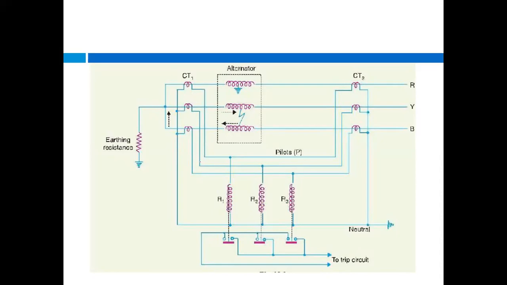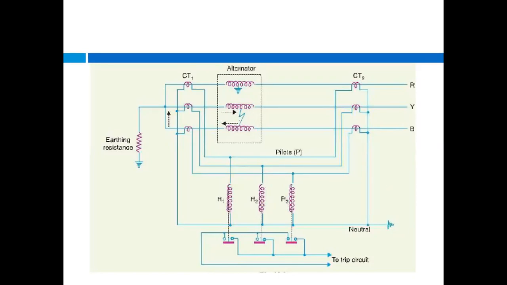These two sides are connected R to R, Y to Y, and B to B. To each phase there is a relay. These relays are connected with each phase, and this side is grounded here. The CTs are grounded here also. You can see all the neutral points are connected here, and it is grounded for both side CTs.